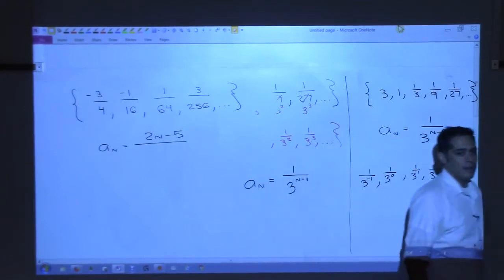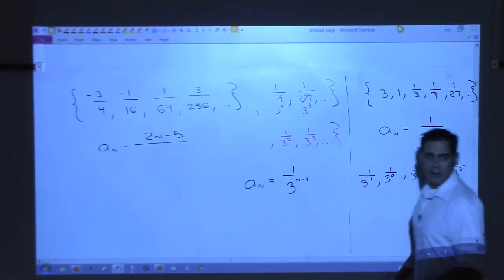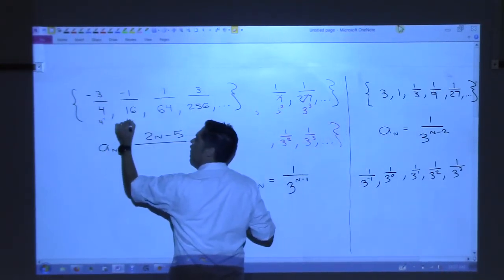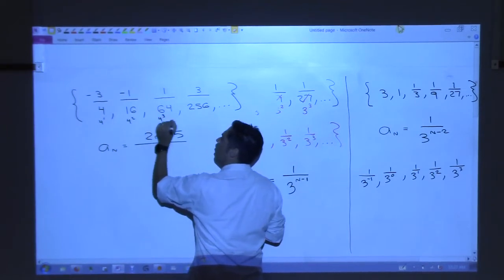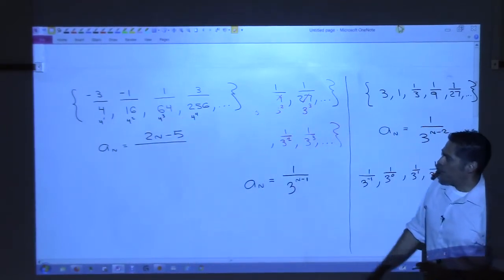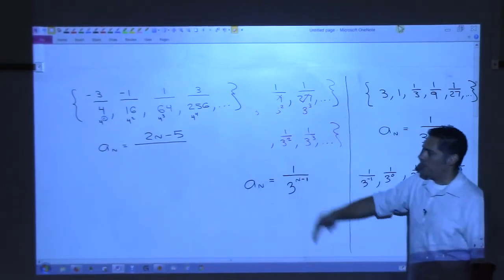Now, look at the denominator. Do you notice anything in the denominator? It's 4, right? These are all powers of 4. This is 4 to the first power, 4 squared, 4 cubed, 4 to the fourth. Agreed? So the first one starts at 1, right? So what could I do for the bottom?